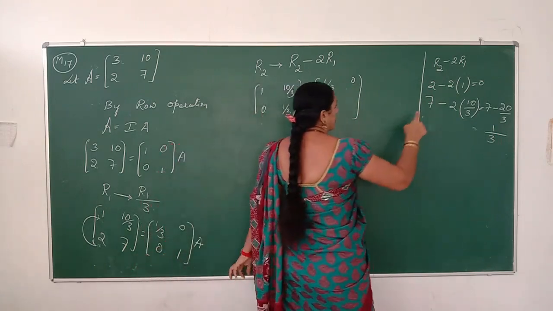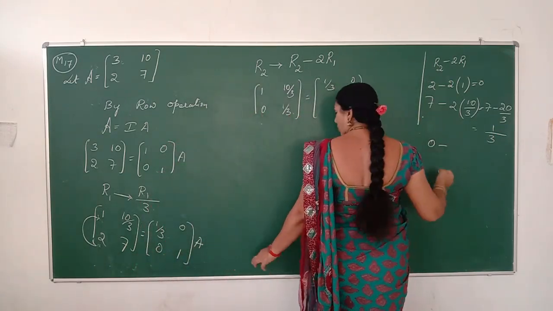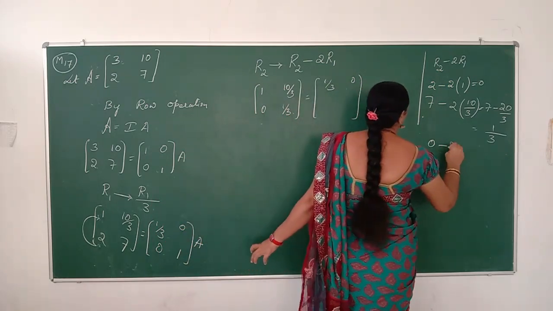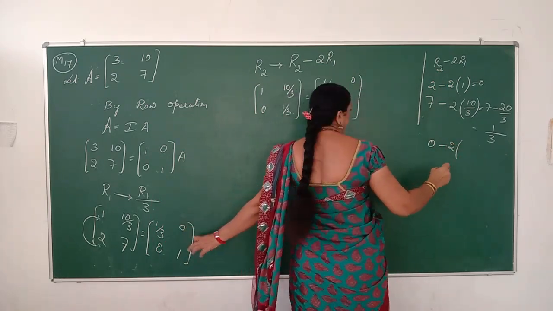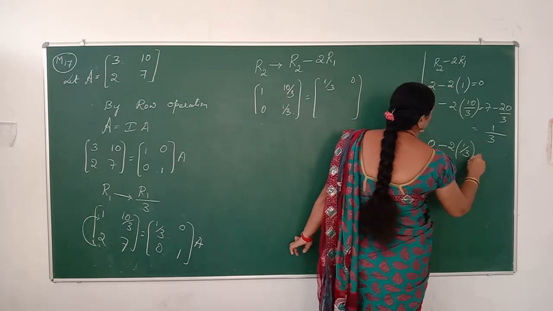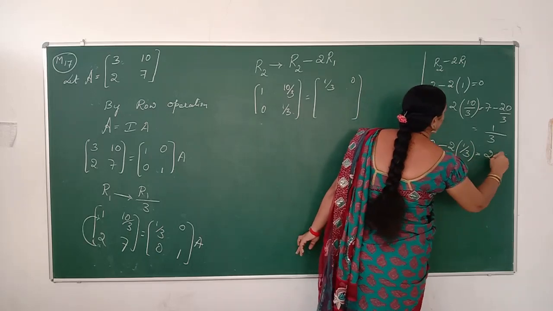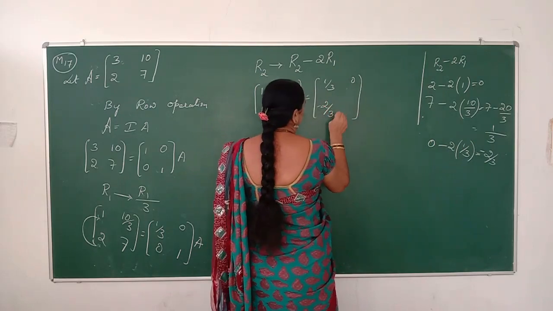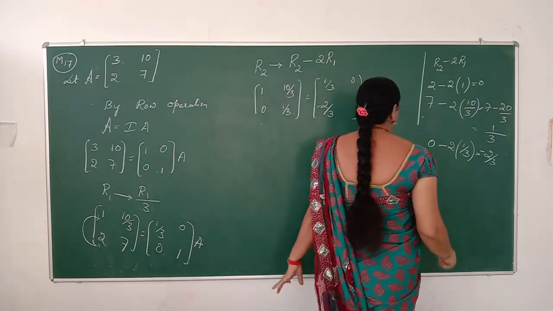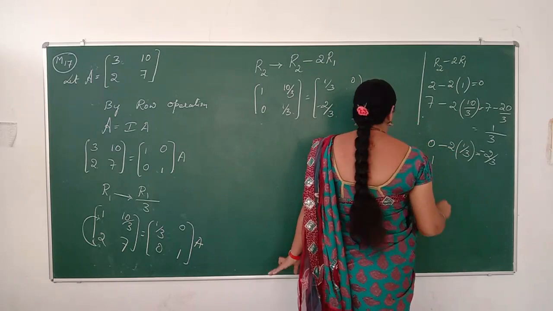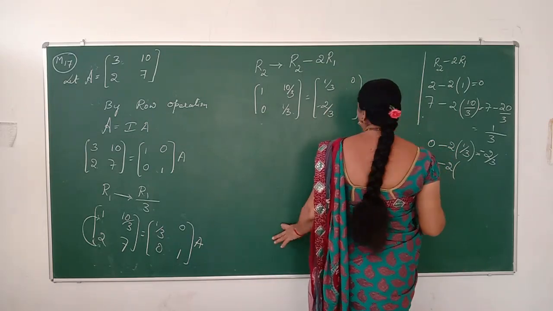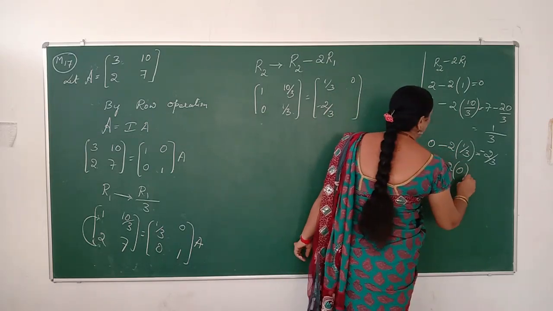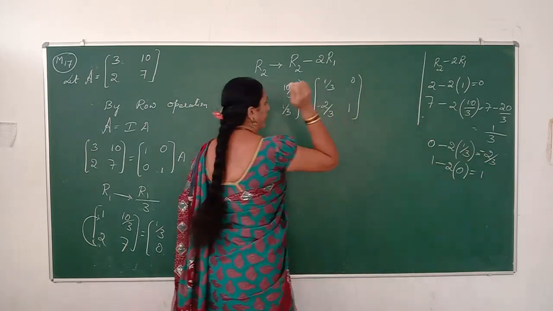In the RHS, R2 is 0 minus 2 times the corresponding R1, which is 1 by 3. That is 0 minus 2 by 3, which is minus 2 by 3. The last element of R2 is 1 minus 2 times the corresponding R1, which is 0, so that is again 1.